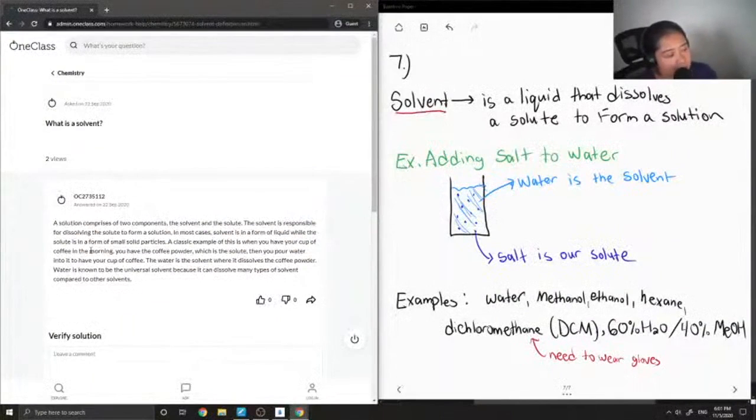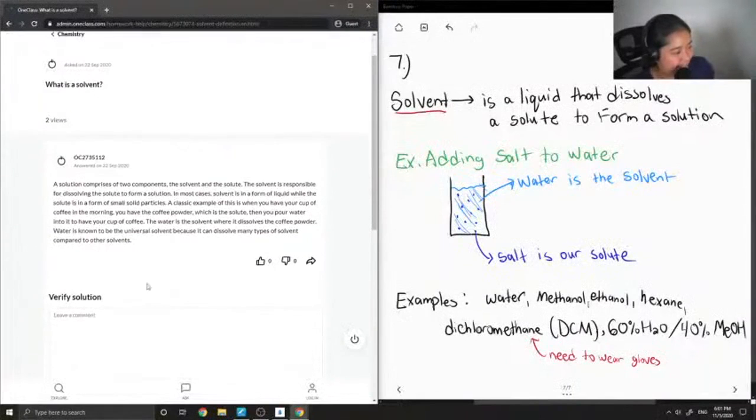A classic example of this is when you have your cup of coffee in the morning, you have the coffee powder, which is a solute, and then you pour water into it to have your cup of coffee. Yeah, pretty much. And the water is the solvent where it dissolves the coffee powder. Water is known to be the universal solvent because it can dissolve many types of solvent compared to other solvents.